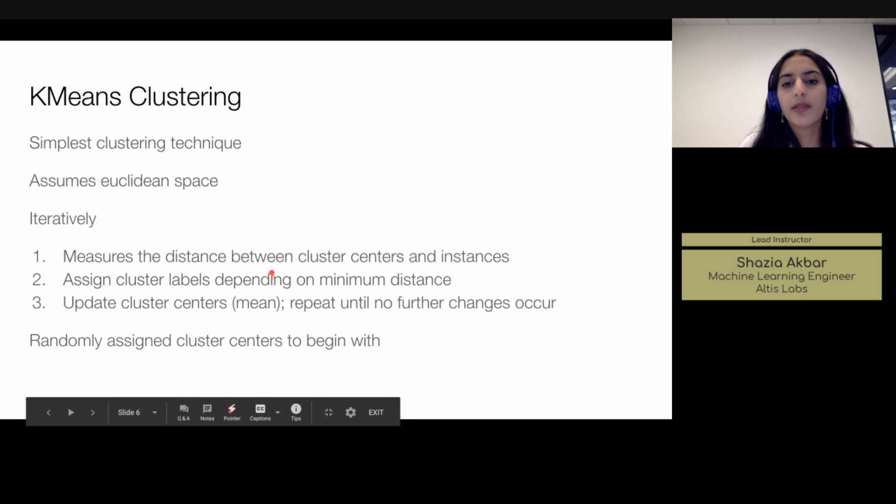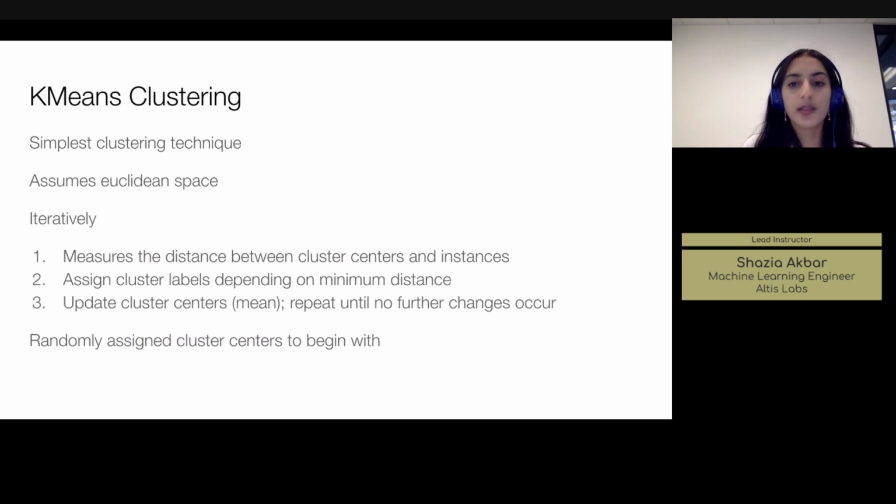It's a very simple technique, but it's used across many subfields in machine learning and deep learning because of its simplicity, and because it doesn't make really any assumptions about the data. The only assumption really here is the Euclidean space.